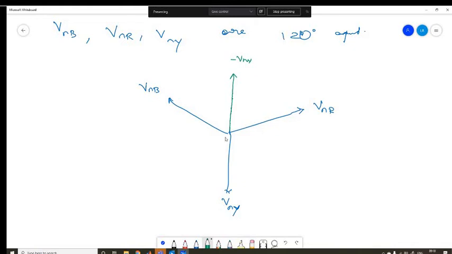In the same way, if I reverse this, I'll be getting minus VNR, and if I reverse this, this will be minus VNB. Now we know that this and this are 120 degree apart, the same way this and this were 120 degree apart, because we have placed the coils such that there is 120 degree phase difference.